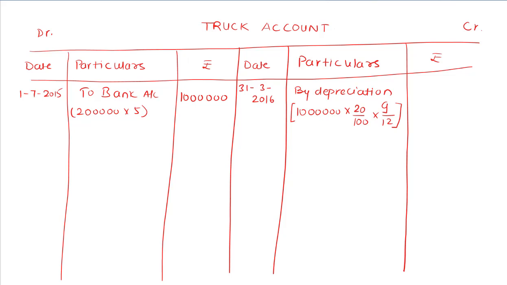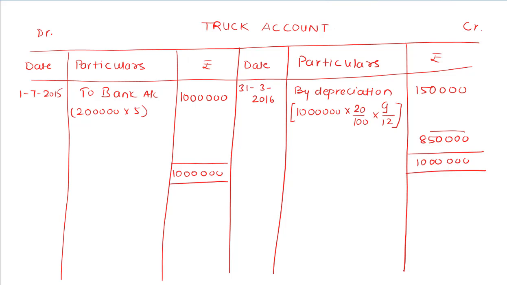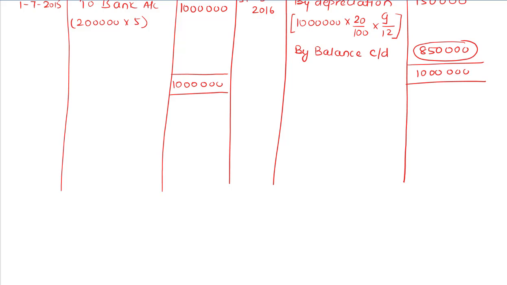So 10 lakhs multiplied by 20 by 100 multiplied by 9 by 12, it is 1,50,000. The total over here is 10 lakhs, and minus 1.5 lakhs, so this is 8,50,000. By balance carried down 8,50,000. I believe you understood.